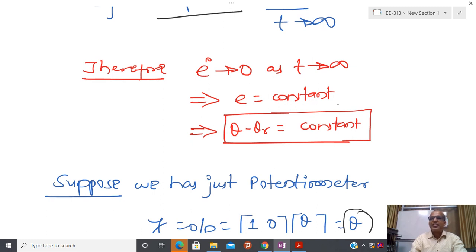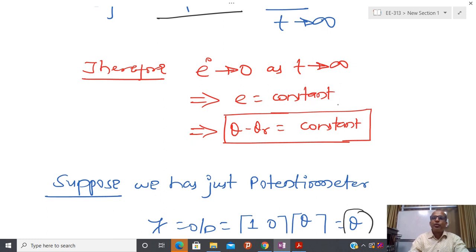Known information means I have some sensor, so at least some sensor is required. Using that sensor, I will collect information, and based on the mathematical equation of the closed loop system coupled with the sensor's information, I am going to estimate the other state variable, and that part is called design of observer.